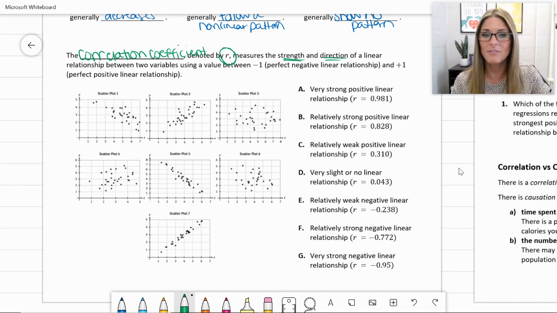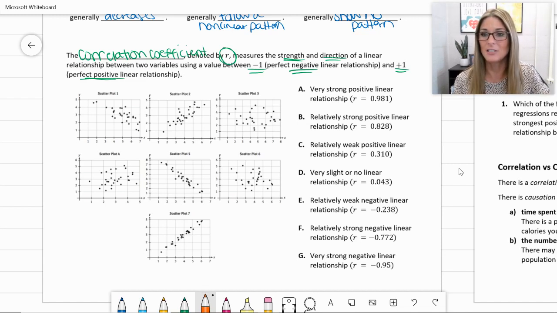It's going to be a value between -1 and +1. A correlation coefficient of -1 is going to show a perfect negative linear relationship. It's going to be a perfect downward sloping line in our data, where +1 is going to be a perfectly positive linear relationship. So I've got 7 different scatter plots here for us to match with different correlation coefficients.